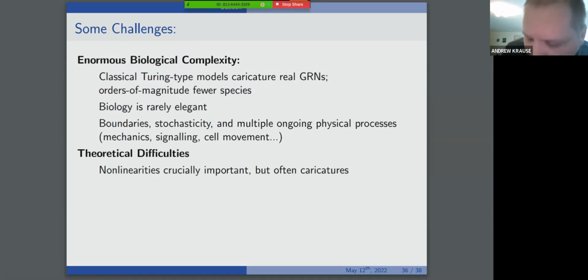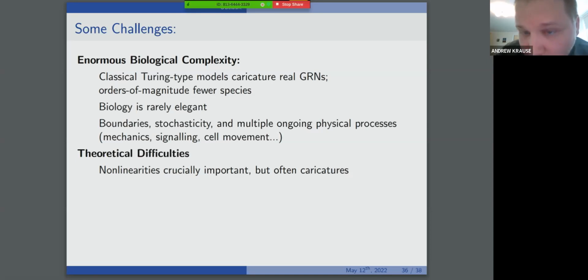Theoretically, these nonlinearities, I've given you a perspective. This linear instability analysis perspective is sort of agnostic to the nonlinearities, but we know that these nonlinearities matter a lot. And I don't know of any developmental system where we know exactly what these nonlinearities look like.